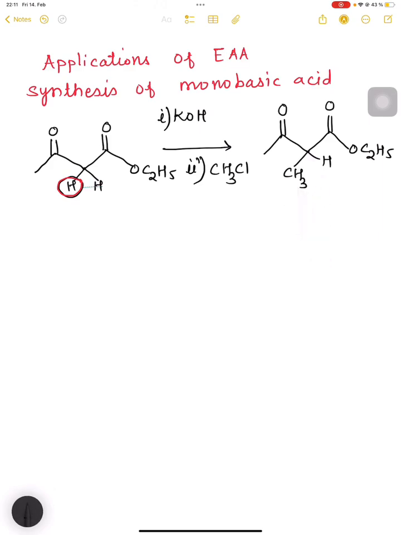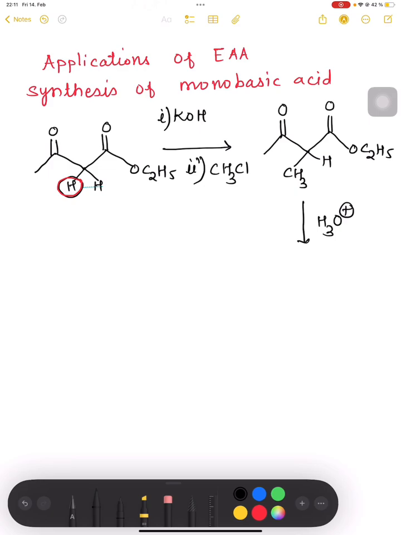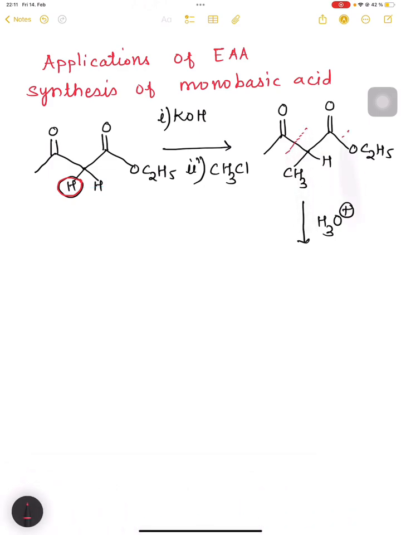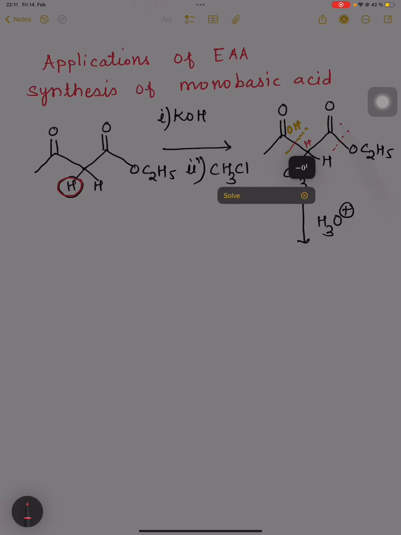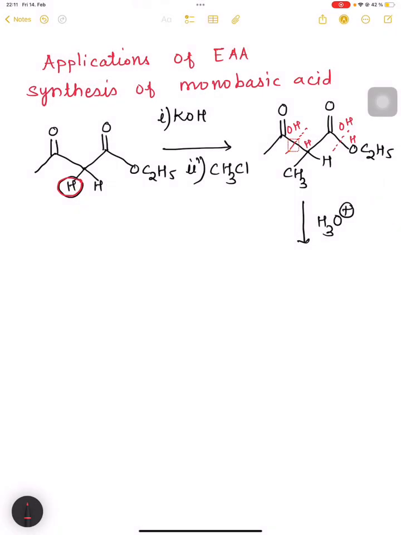Now when this compound undergoes hydrolysis, this bond will break. You have to break this bond and this bond, and add OH to this side and H to the other.